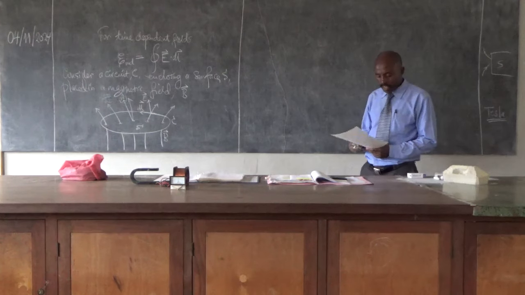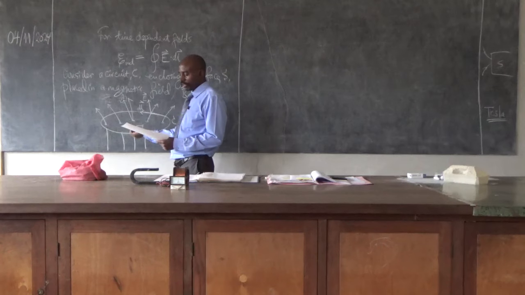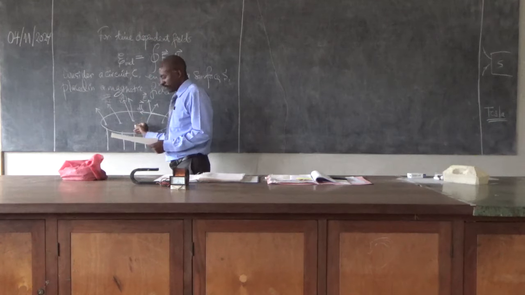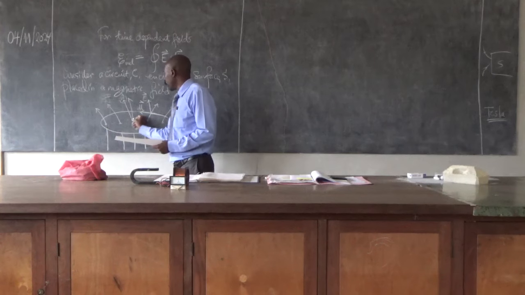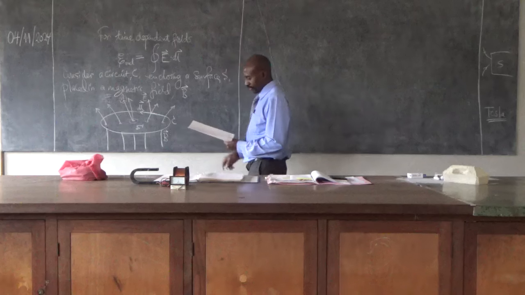Okay, so we take a small element of this area, somewhere around, for example, here, where we have this normal to the surface.